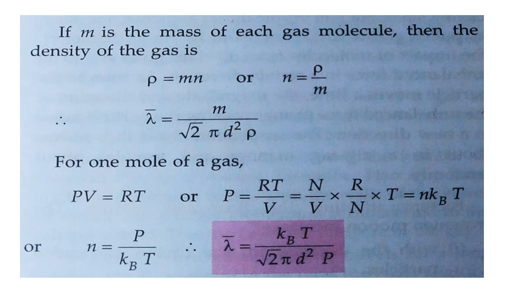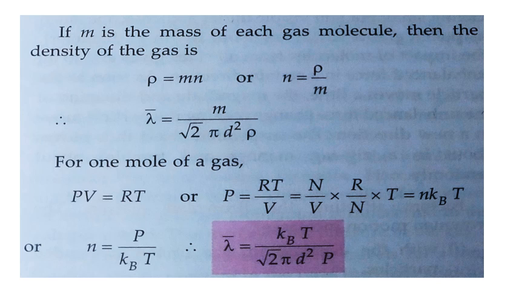If m is the mass of each gas molecule, then the density of the gas will be rho equals m into n. Putting it in the formula of mean free path, you will get lambda bar equals m divided by root 2 pi d square rho. Here lambda bar denotes the mean free path.